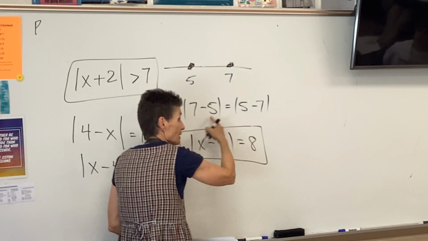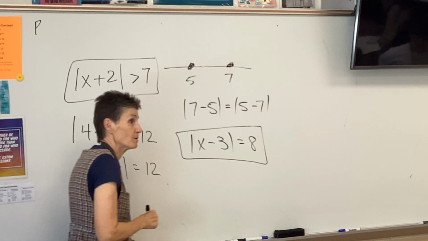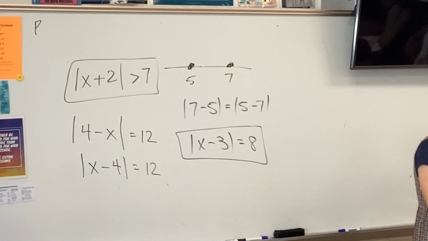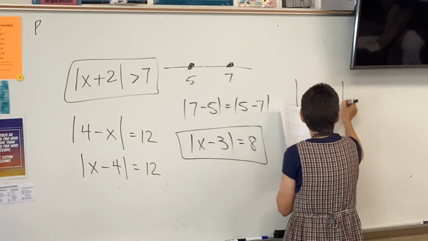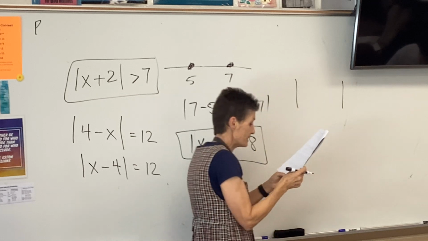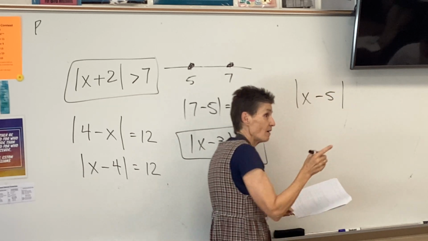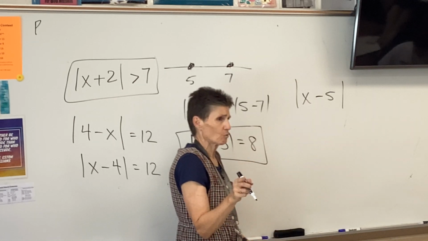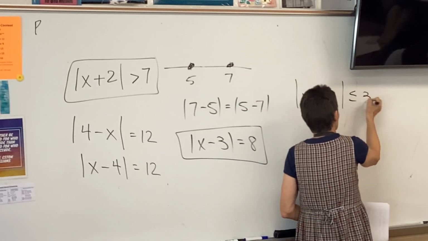Yes. As long as you're taking the absolute value, they're the same thing. It's a difference. All right, D, last one. What's that one going to look like? The distance between x and 5, x minus 5, is less than or equal to 3.